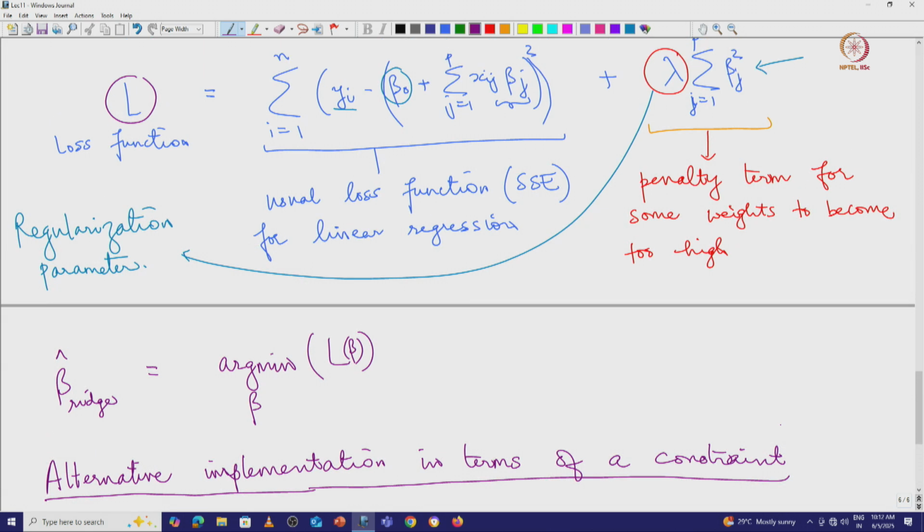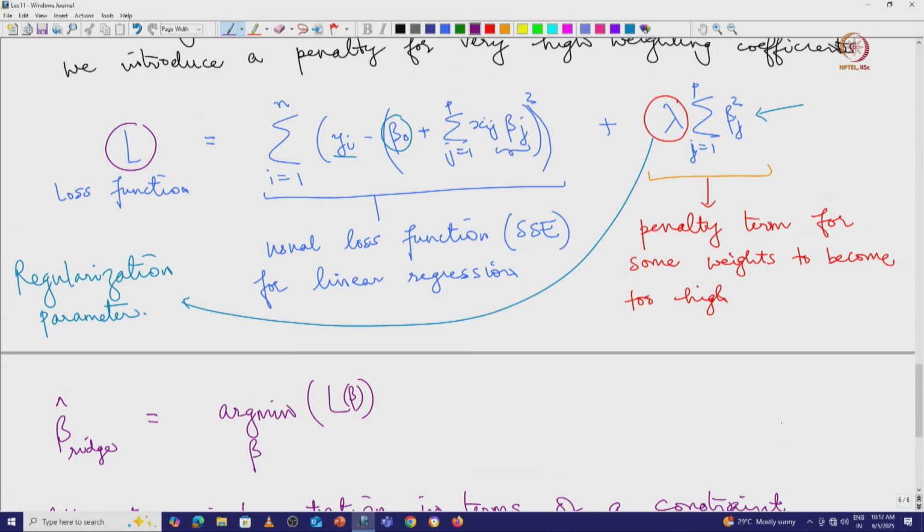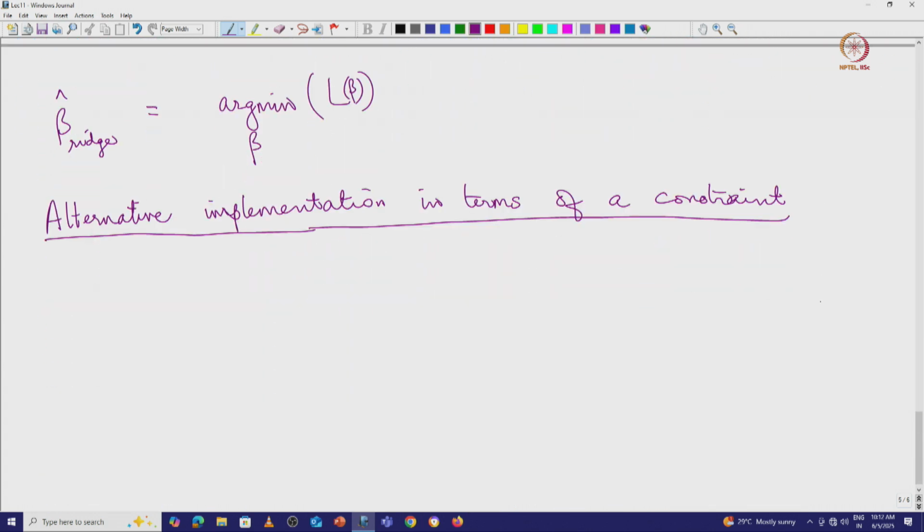So here we added a penalty term within the loss function. However, alternatively you could have just added a constraint which put a maximum limit on the value of the sum of squared parameters. Okay, so let us see how that can be done.